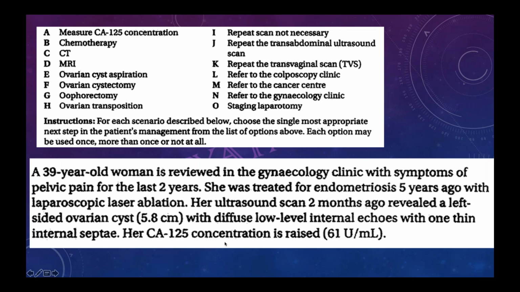So here the ovarian mass is there and they want higher definition of it, therefore MRI would be the answer. But in any other scenario, if we have to see whether there is omentum involvement or lymph nodes, and we are suspecting cancer, then CT scan would be the answer. So here it will be MRI.